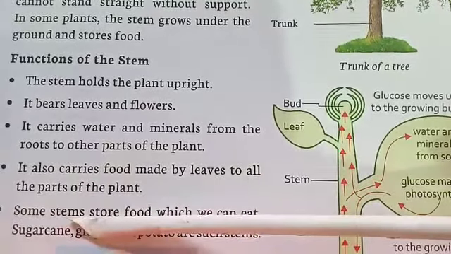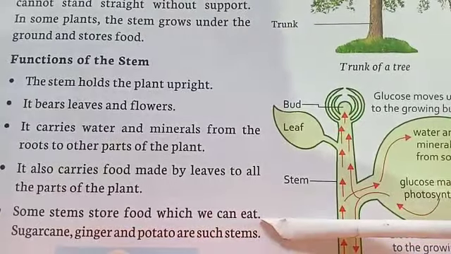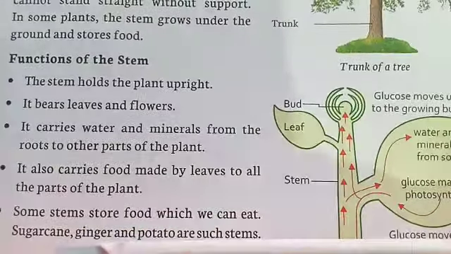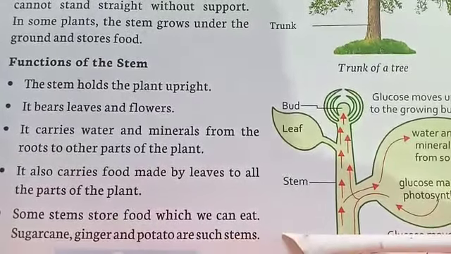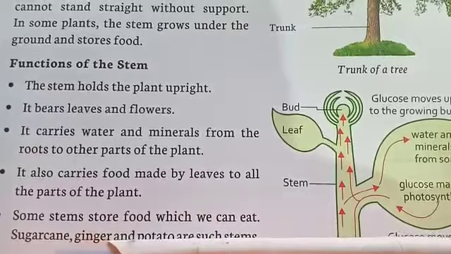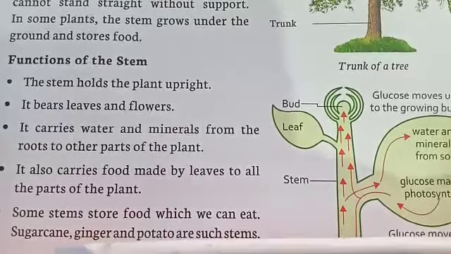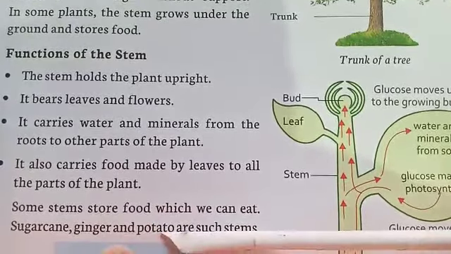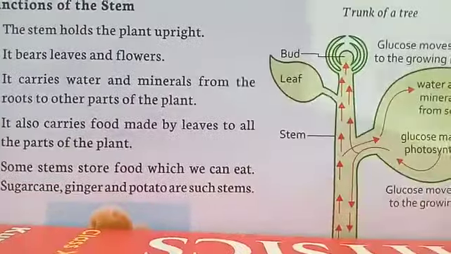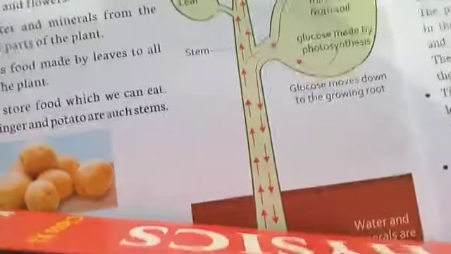Some stems store food which we can eat, like sugarcane, ginger and potato are such stems. They are inside the soil, but they are also called stems. You can see the picture.